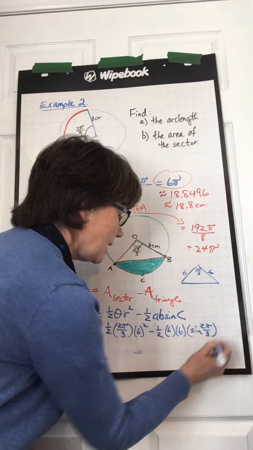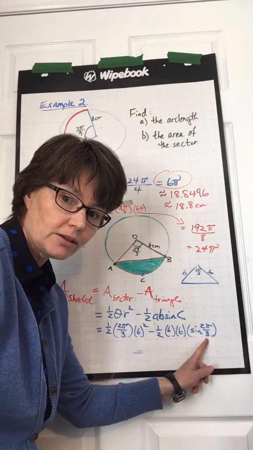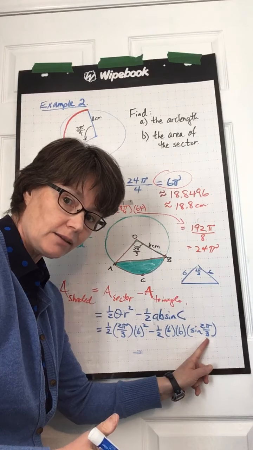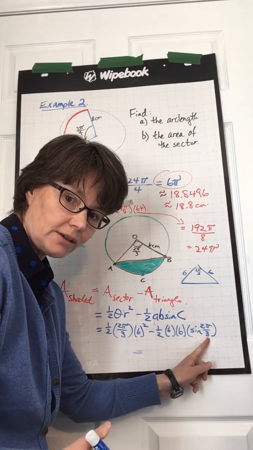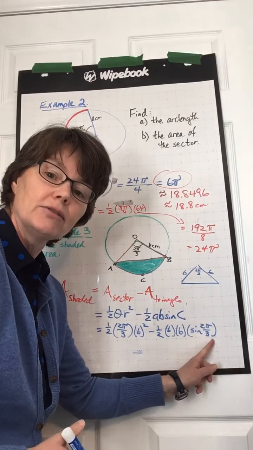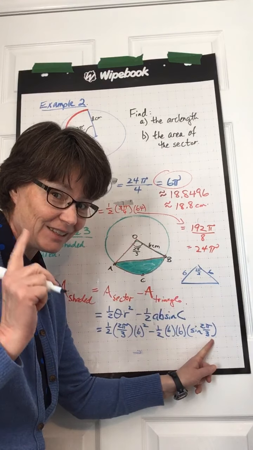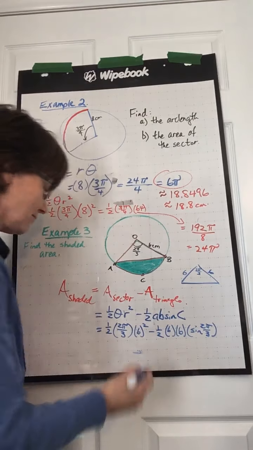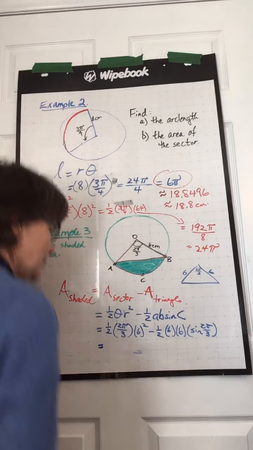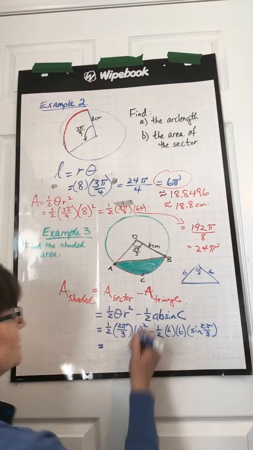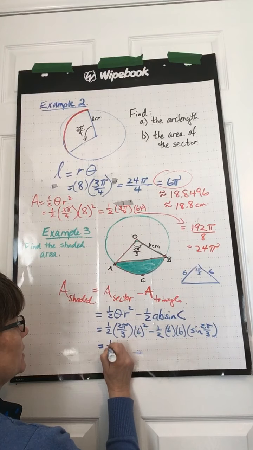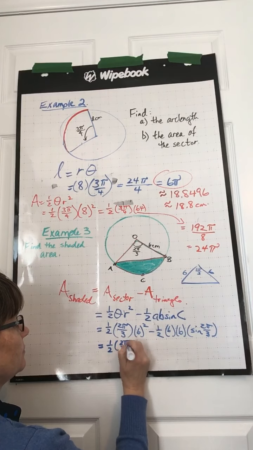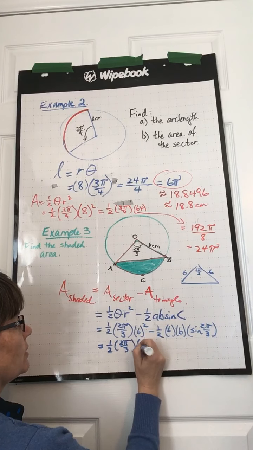Now, this is a special angle in our unit circle. You can actually do this without a calculator. So go to your unit circle, find the sine of 2 pi over 3. This is where your unit circle is going to be magic for you. Okay, we have to do this. I'll do one more step here. This will be 36.